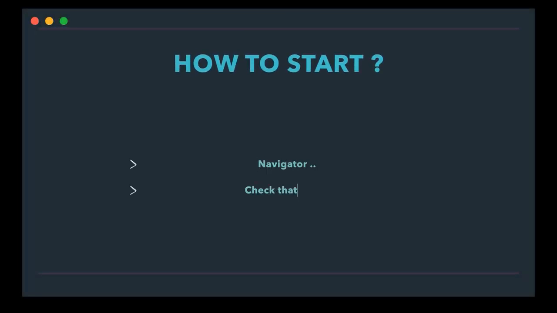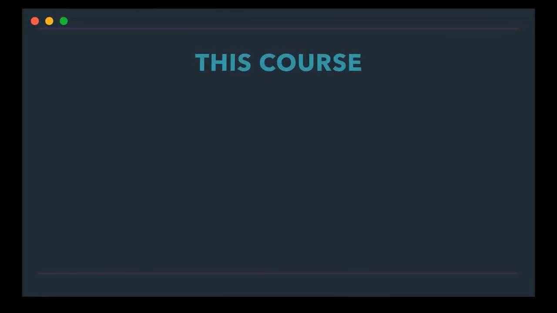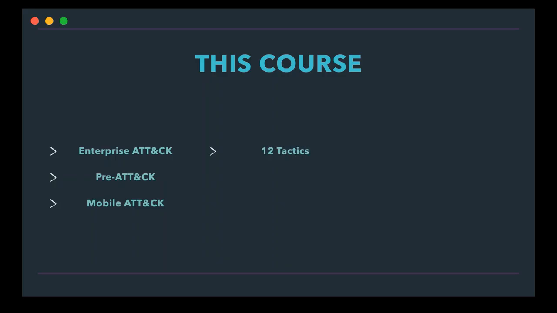We need to see what this course will be about. During this course, we'll be covering a couple of issues. We'll be covering the Enterprise ATT&CK framework, the PRE-ATT&CK and Mobile ATT&CK, and we'll be checking the differences between these. And we'll be checking the 12 tactics that are the main point of the ATT&CK framework. We will see the techniques and procedures and how they are structured within this framework.